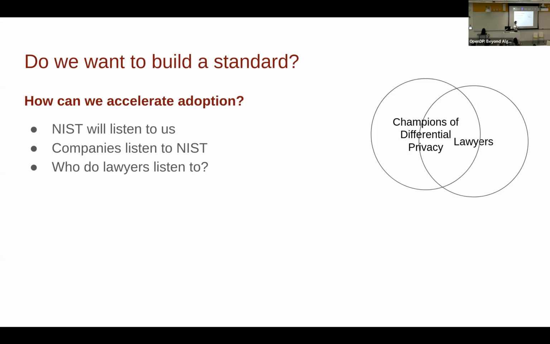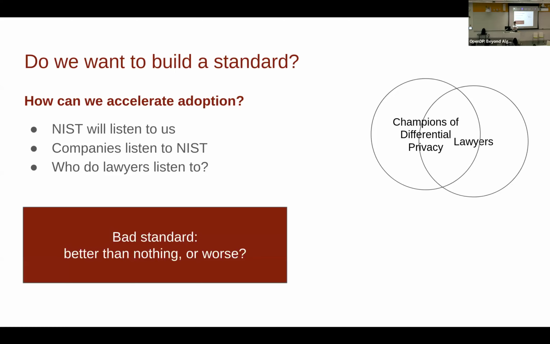I hadn't thought about this before this week, and I've thought about it a little more since. If we had a bad standard for differential privacy, would that be better than having no standard at all? Maybe not. I'm curious to hear what people think about this.